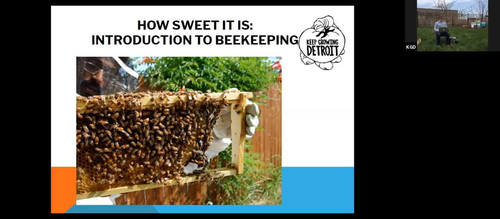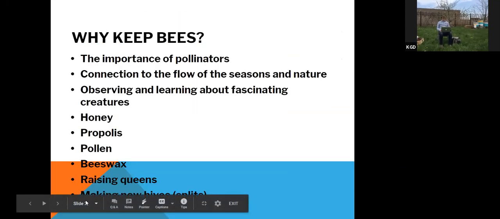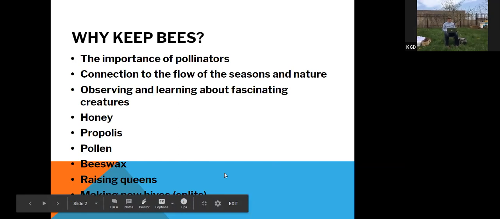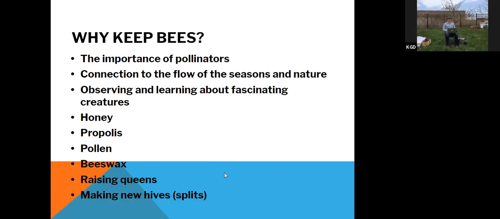All right, so going on to slide 2. Why keep bees? There are obvious reasons. If you ask most anybody why keep bees, probably one of the first answers they're going to give is honey, which is definitely on our list here. But I really want to emphasize the importance of pollinators.